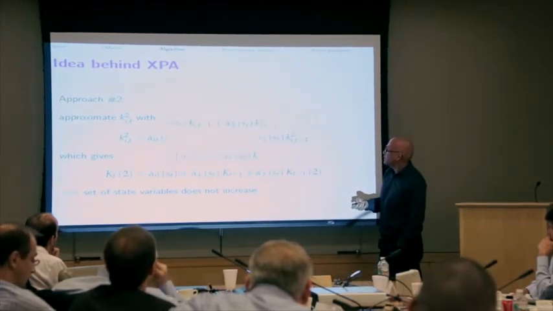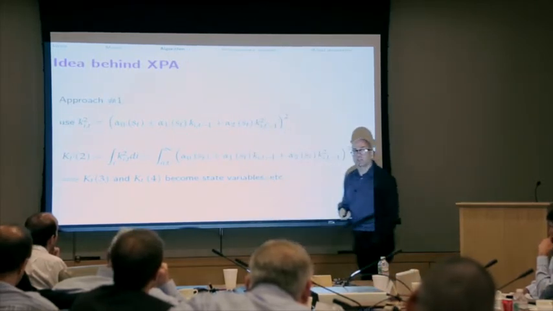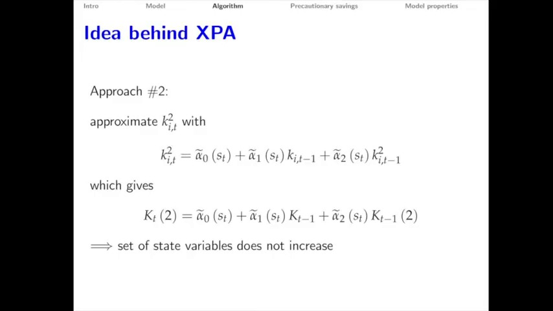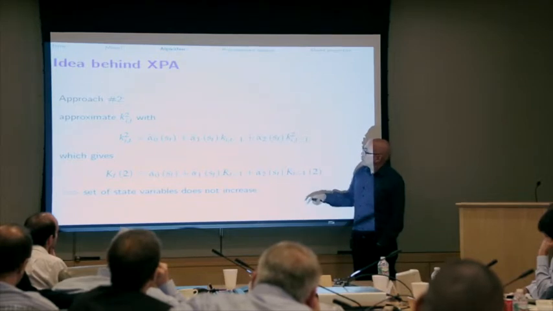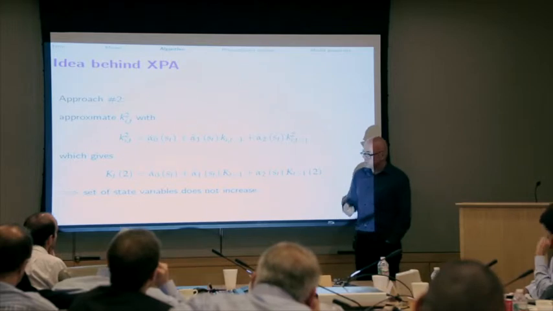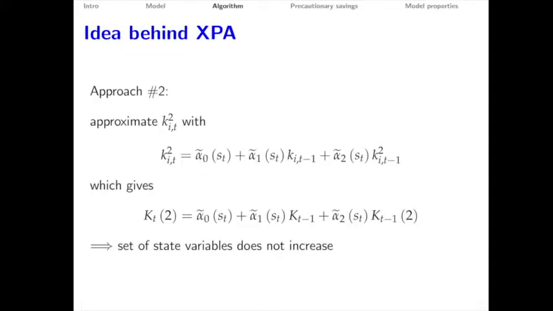They're not directly related to the ones we got from the linear policy rule. So what's the projection of ki square on this basis? And now we're going to aggregate, and we're going to get this. And we're not going to get any more state variables. And so, with this trick, we're only going to need the productivity shock, the mean of k, and the mean of k square.